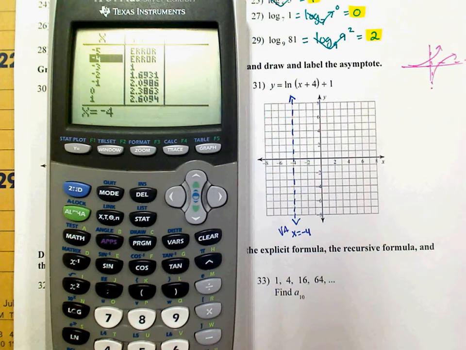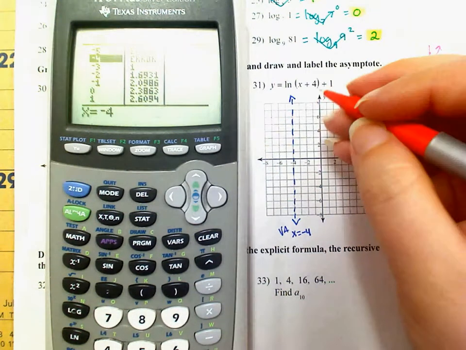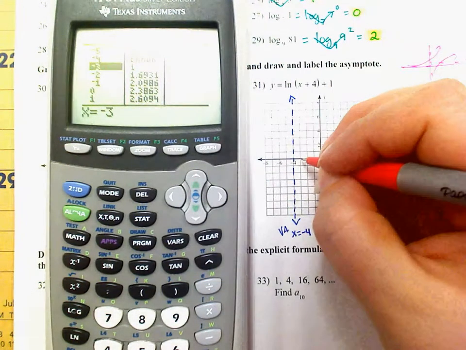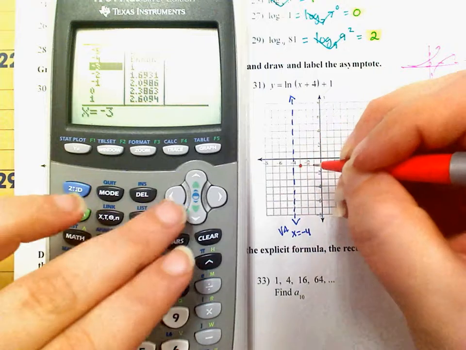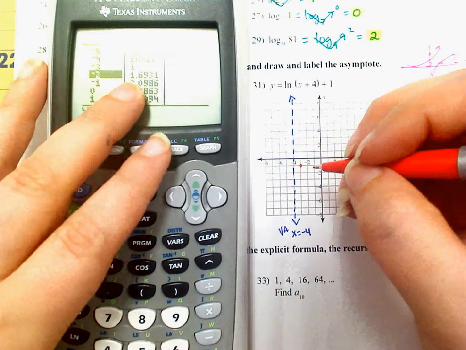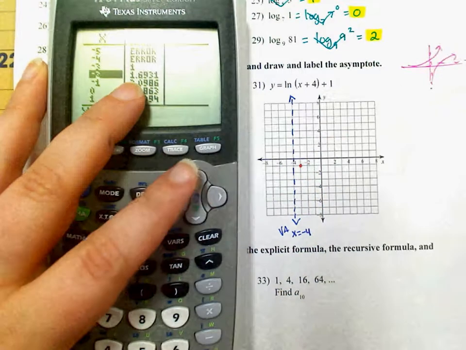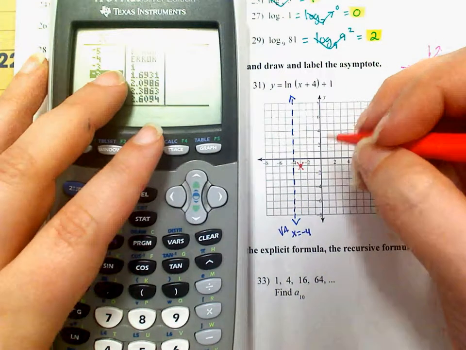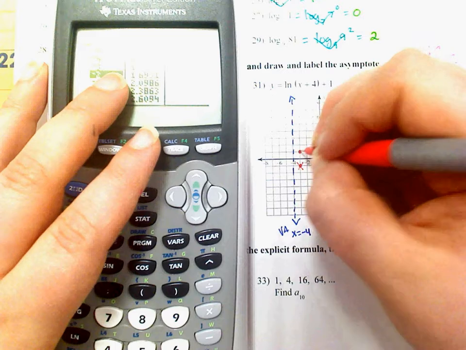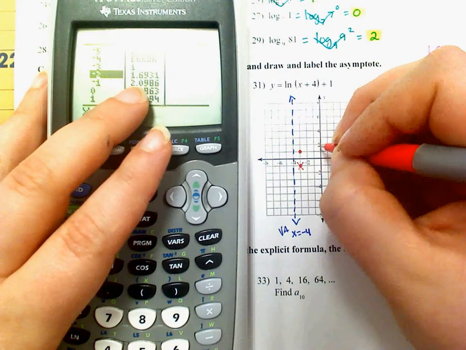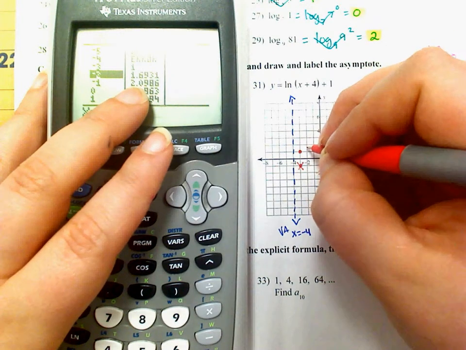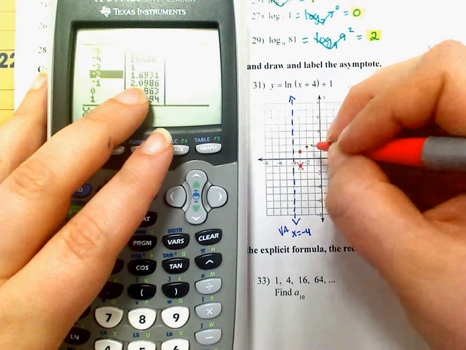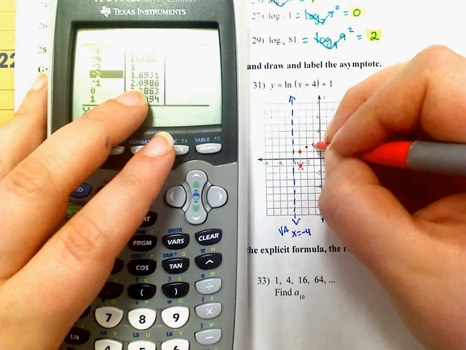And as far as plotting points, I just take them from the graph. Negative 3 is at 1. Negative 2 is at 1.7, 1.69 basically. Then 2.09, which is basically around 2.